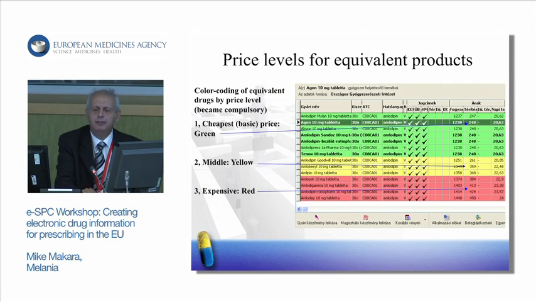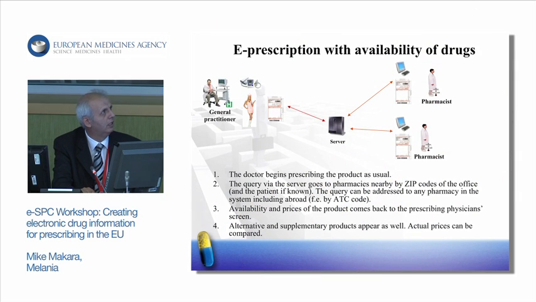The doctor should be interested in the prices as well. So we display the price levels of generics, the cheapest, middle level, and most expensive drugs of the same generic, 10 milligrams of amlodipine this time. You see all the 10 milligram amlodipines, and you see the price levels.